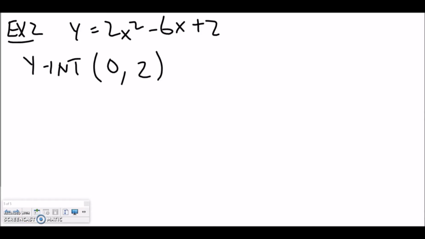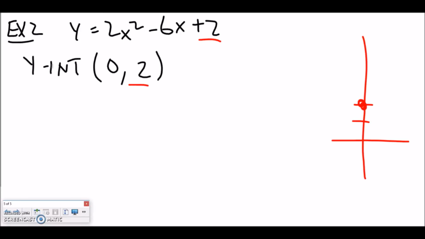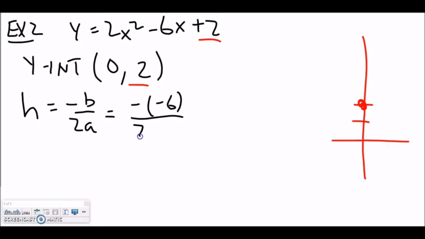And that's always just right there. 2 up. If we want to start finding the vertex, we know h is negative b over 2a. So we take minus a negative 6, be careful, over 2 times a, which is 2. So we get a positive 6 over 4, or 3 over 2.